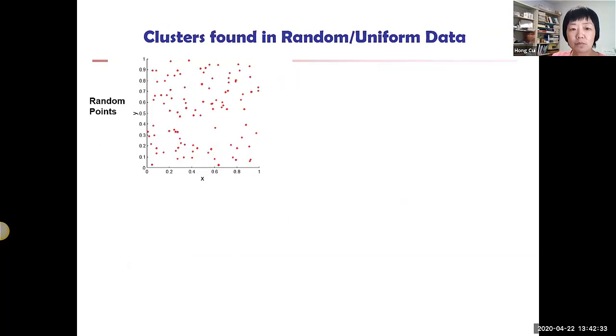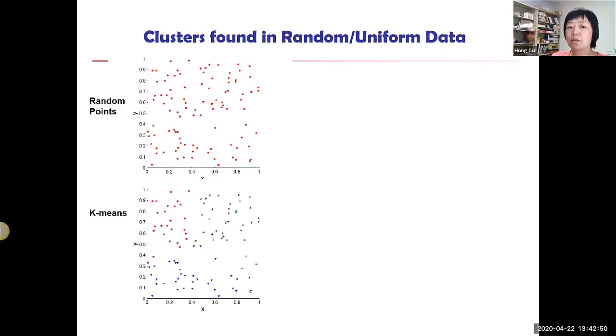So let's have a quick summary. I think we emphasized this, but it's worth emphasizing again. For clustering algorithms, because it's unsupervised, there is not a gold standard for you to check your result against. Clusters can be found in random and uniform data. See, if you use k-means on this random set of points, you find 3 clusters.